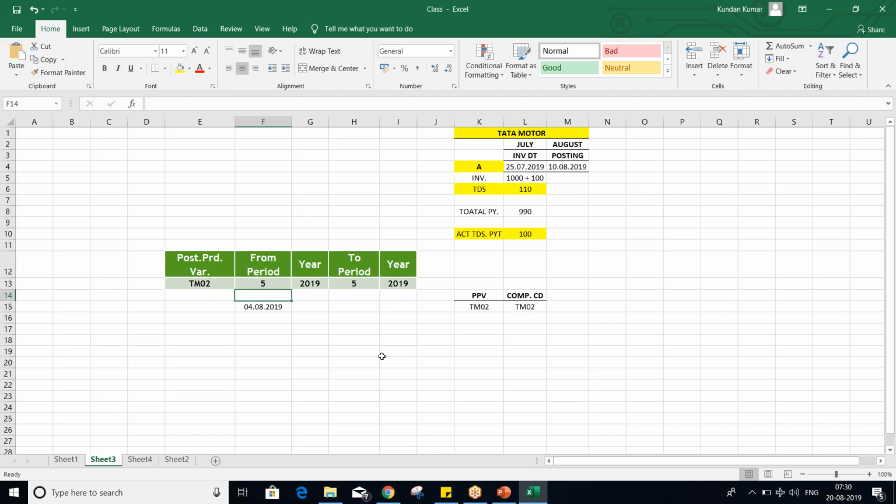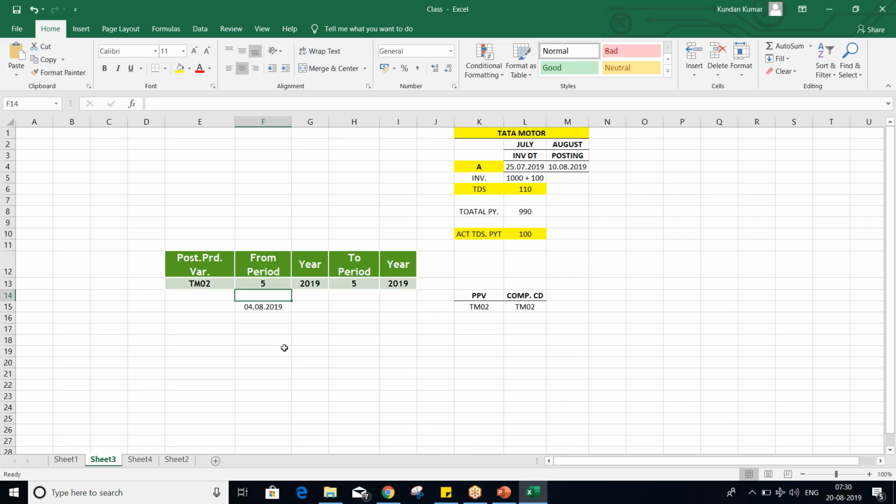For that you need to approach your project manager, your manager or TL, whoever the senior guys are, because those people will have authorizations to open and close the periods. You guys cannot do this. Associate level people, ground level people cannot open and close the period.